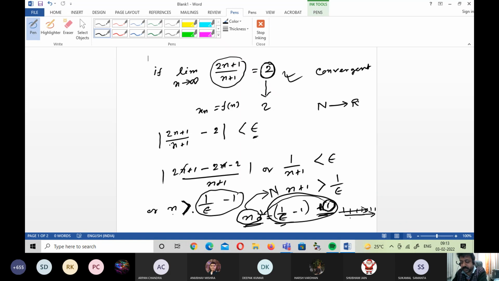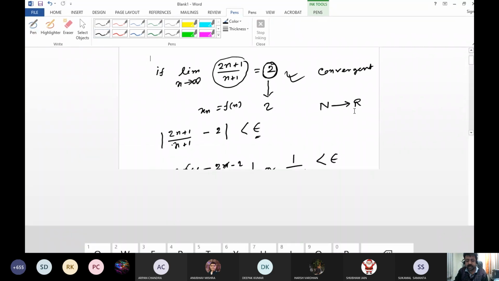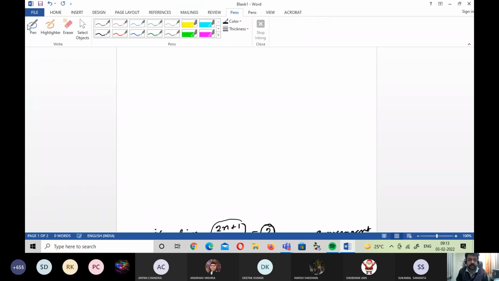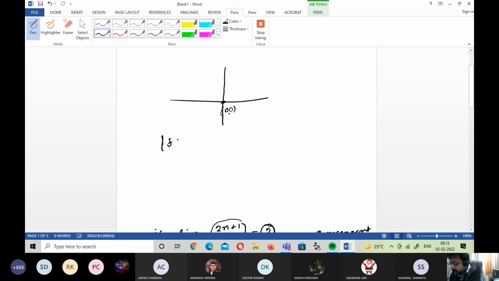In your previous experience, you took some circular neighborhood. Suppose the point is 0, 0 in two-dimensional space, and you ask whether the function is continuous or whether the limit exists. Suppose f of xy minus L is less than epsilon.